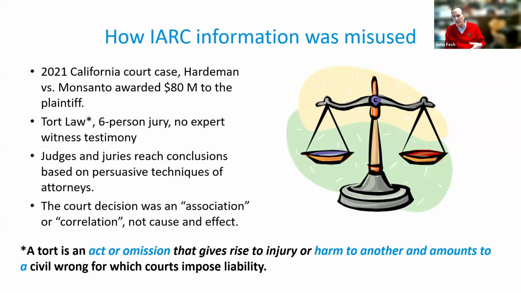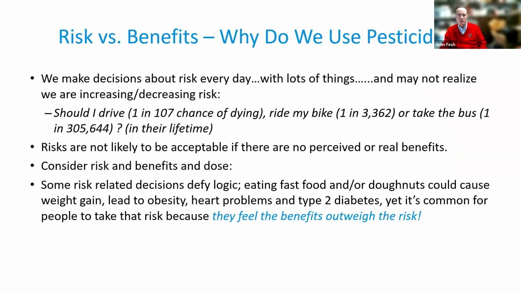The court decision then came as an association or a correlation, not cause and effect. When you think about a cause and effect, you think about spraying Trimec on a lawn. You spray Trimec on a dandelion, 3 days later it dies. That's cause and effect. This was certainly not the case in this situation. So really interesting the way this IARC information was used.